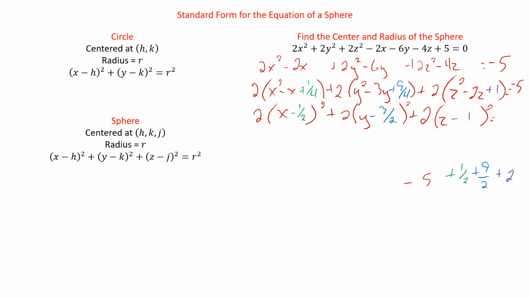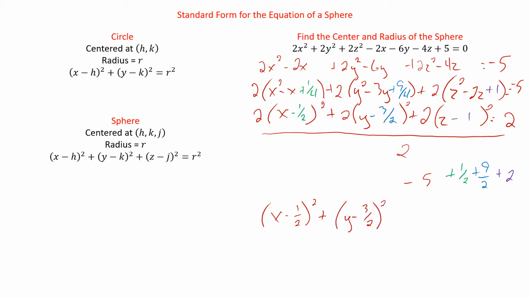So 1/2 plus 9/2 is 10/2, which conveniently is 5, plus -5 is 0. So that makes this equal to 2. Almost done, but we don't want these 2's, so we're just going to have to divide everything by 2 to get x minus 1/2 squared plus y minus 3/2 squared plus z minus 1 squared equals 1.